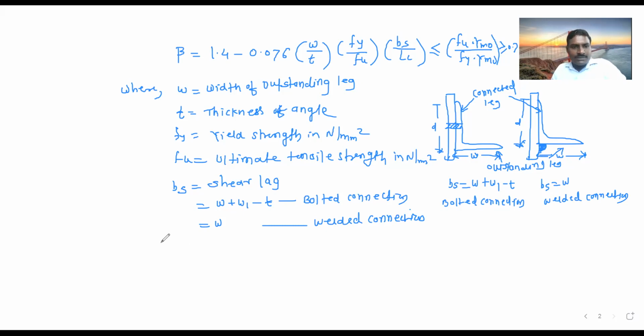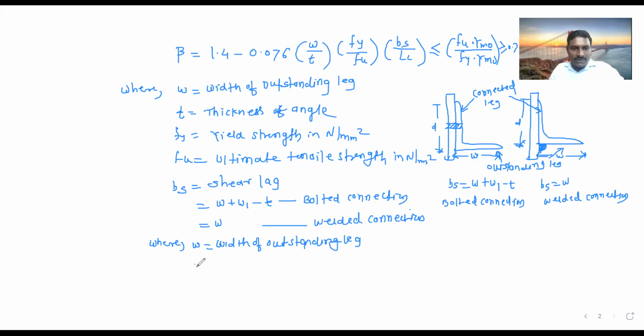So again, in this BS, W is equal to the width of the outstanding leg.